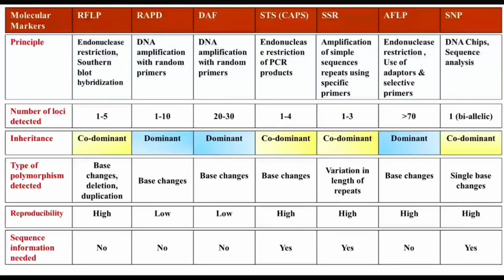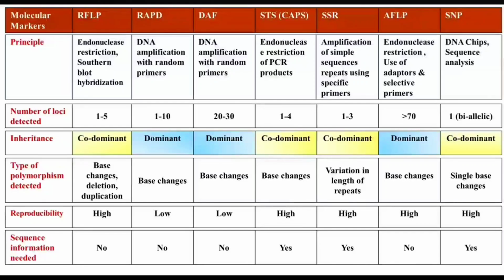Then comes sequence information needed. So here are the three markers for which we need the information. That is STS, CAPS, SSR and SNP. Please note it down. It's very much asked in the paper. In previous years, it's always asked. You need to have a clear-cut idea about this.